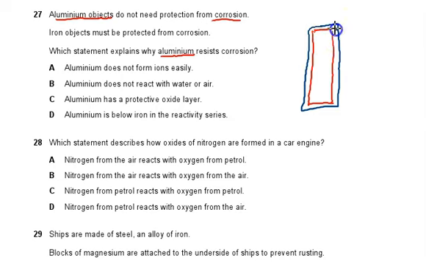This layer is aluminium oxide, and inside here is the aluminium. This is why they do not need any external protection. They can protect themselves, so they have a protective oxide layer.